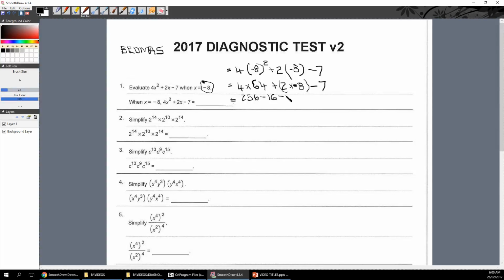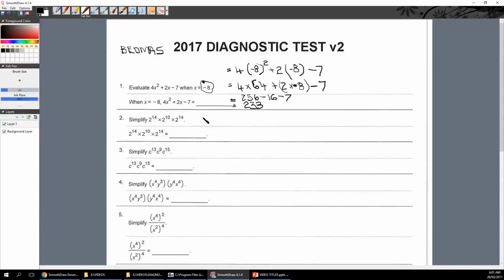A lot of people got the negative aspect of this wrong, and that is going to equal 230, 16 minus 7, negative 23, 233. Okay, 233. So that's quite relatively straightforward.